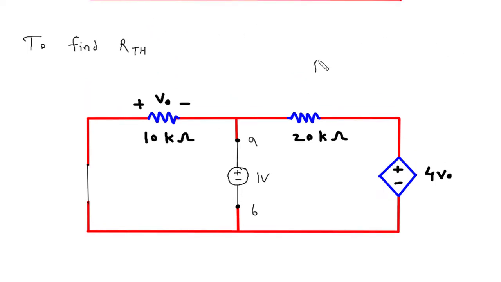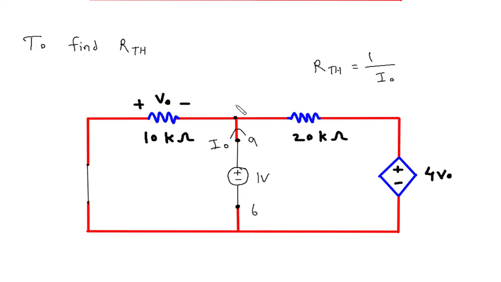Now RTH is equal to voltage, which is 1 volt, divided by current. Now we have to find this current. Let's say this current is IO. So 1 by IO is equal to RTH. Now we have to find this IO.